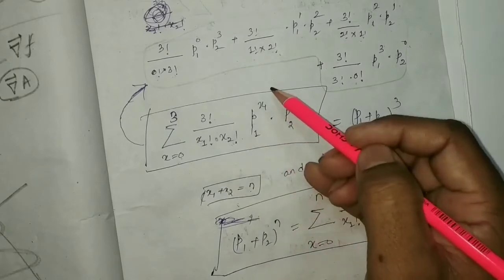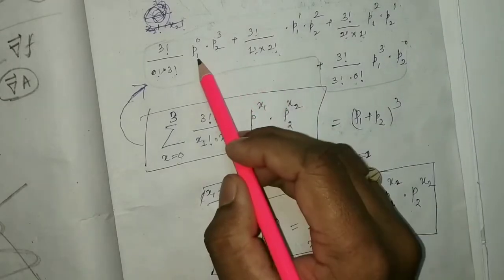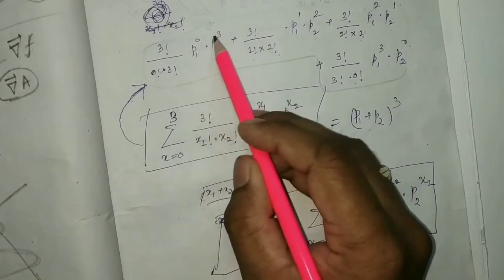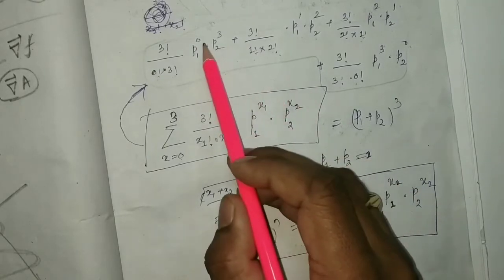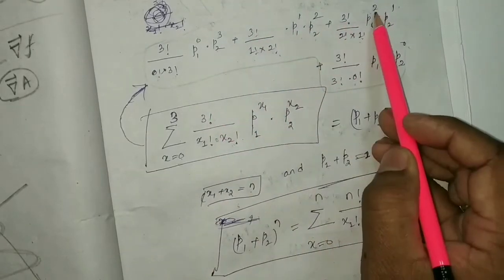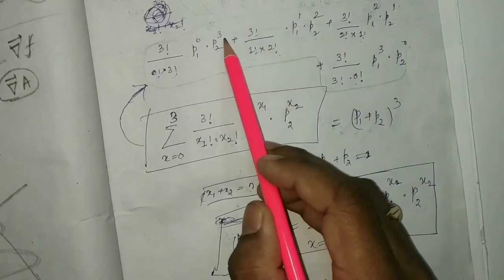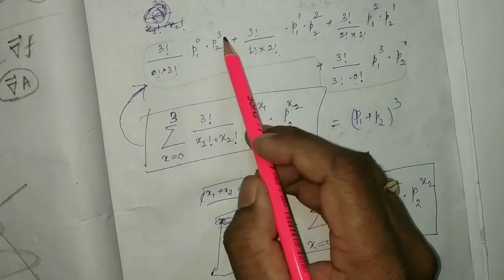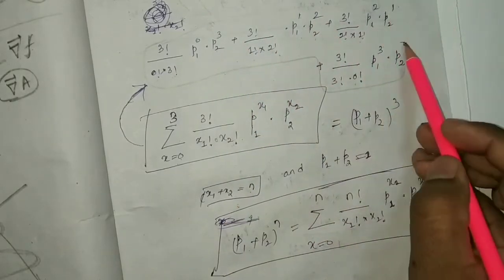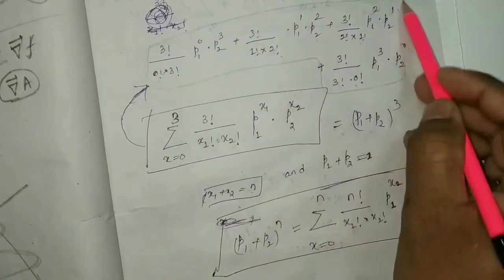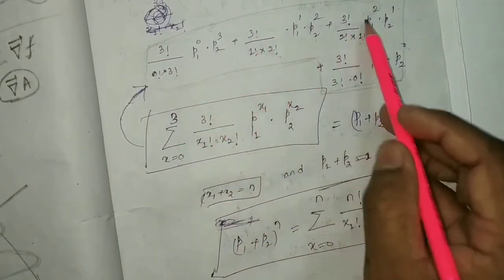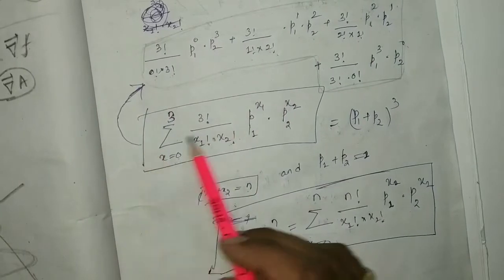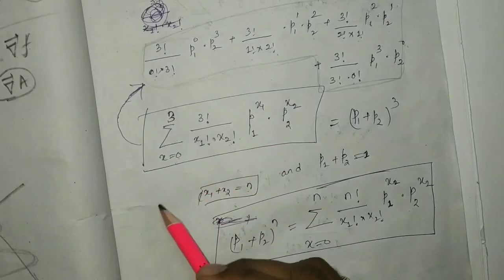The powers also change, x1 and x2 values are 0 to 3, here 0, 1, 2, 3, and x2 is 3, 2, 1, 0. That means these 4 terms can be written in this summation format, right?